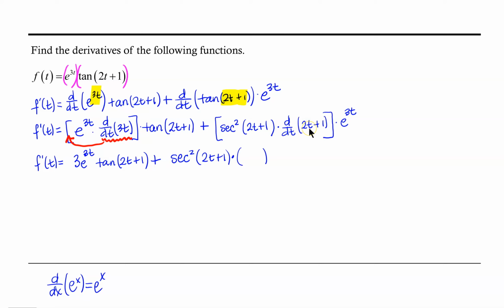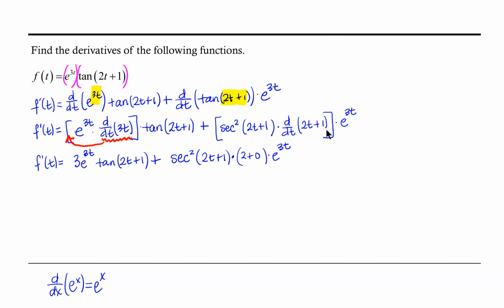The derivative of 2t is 2, and the derivative of 1 is 0. So this is in essence 2 plus 0. So 2, I can go ahead and write plus 0. You don't have to, but you can. And then times our exponential function, e to the 3t.